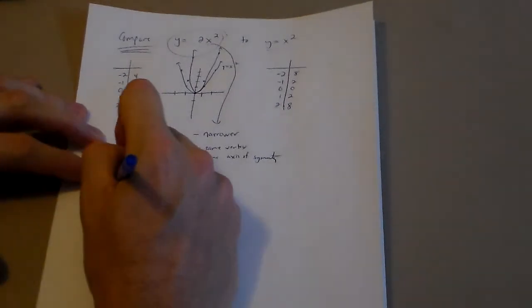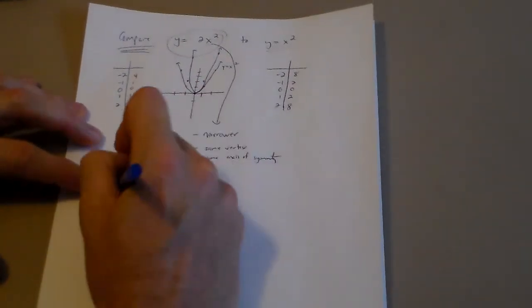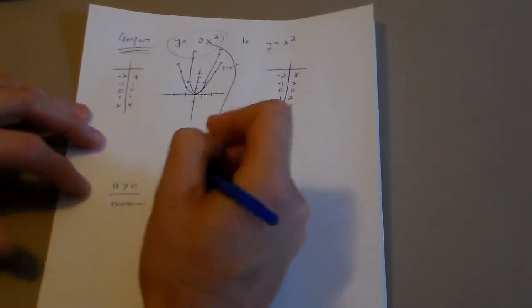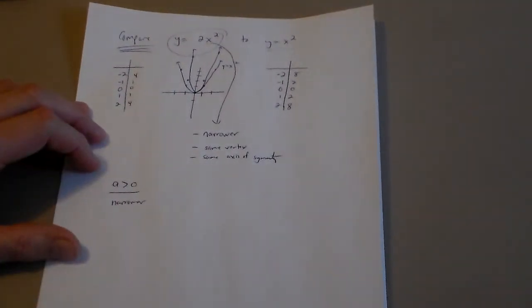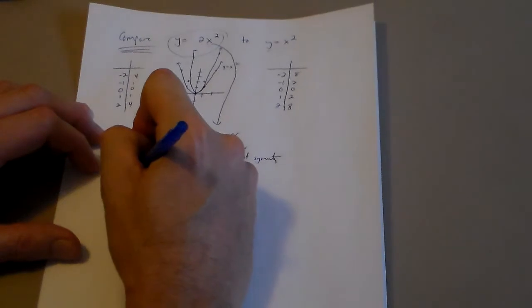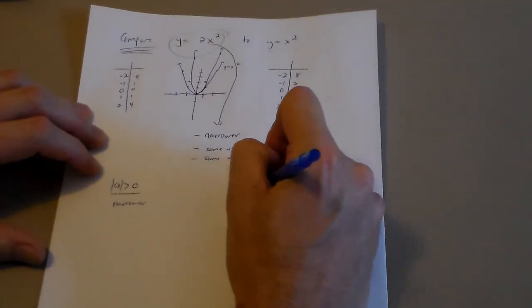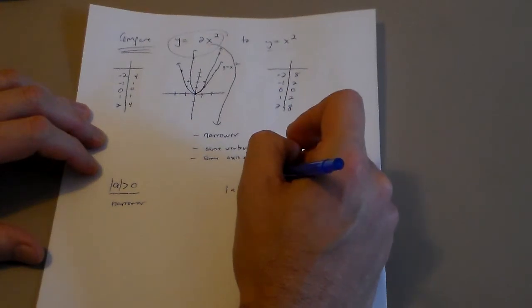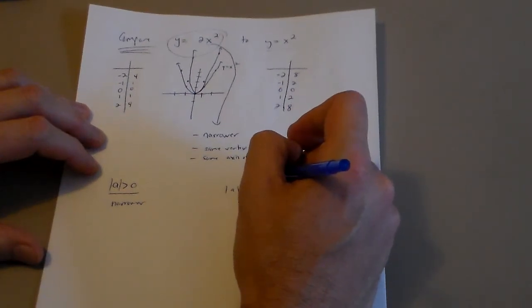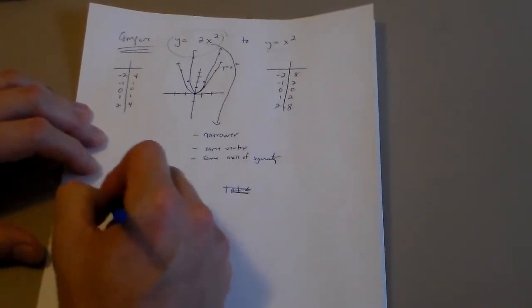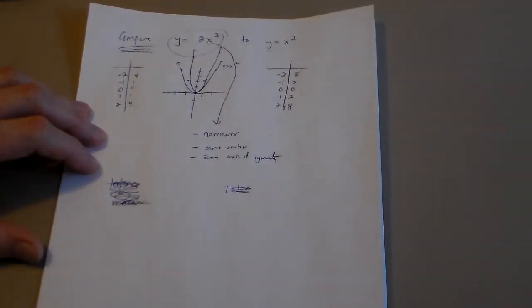Ready? When a is greater than 0, it will be narrower. And when I say a, what I really mean there is the absolute value of a. Okay, let's start again.